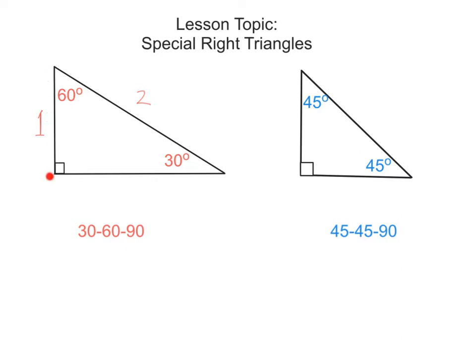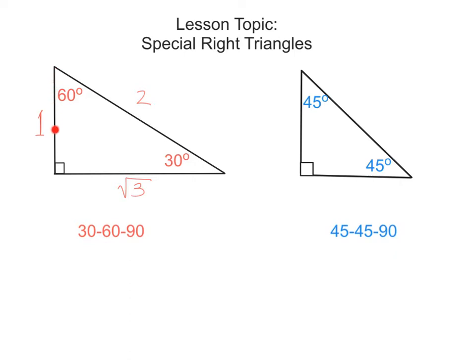So that's the shortest side, 1, and the longest side, twice that, is 2. And that means this side here is going to be the square root of 3. Technically it's 1 times the square root of 3, but in this case we can just say it's root 3. So 1, 2, and root 3.